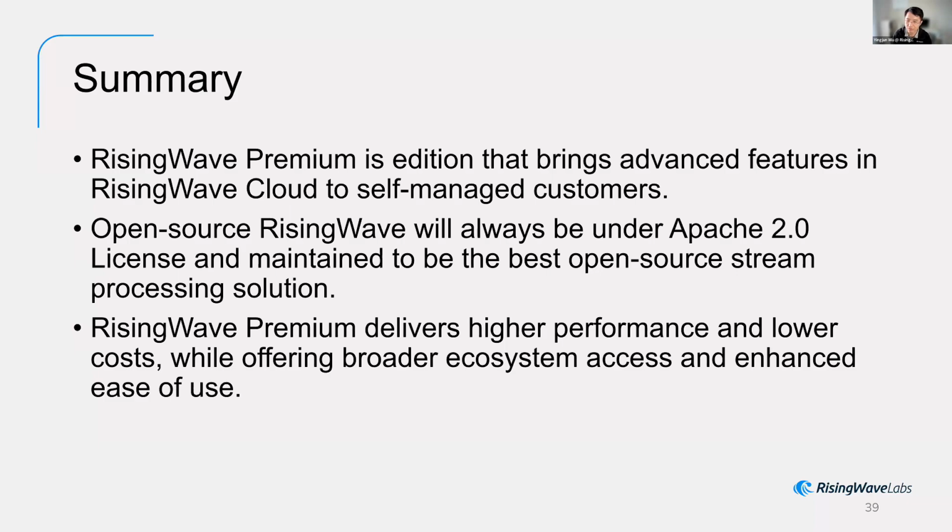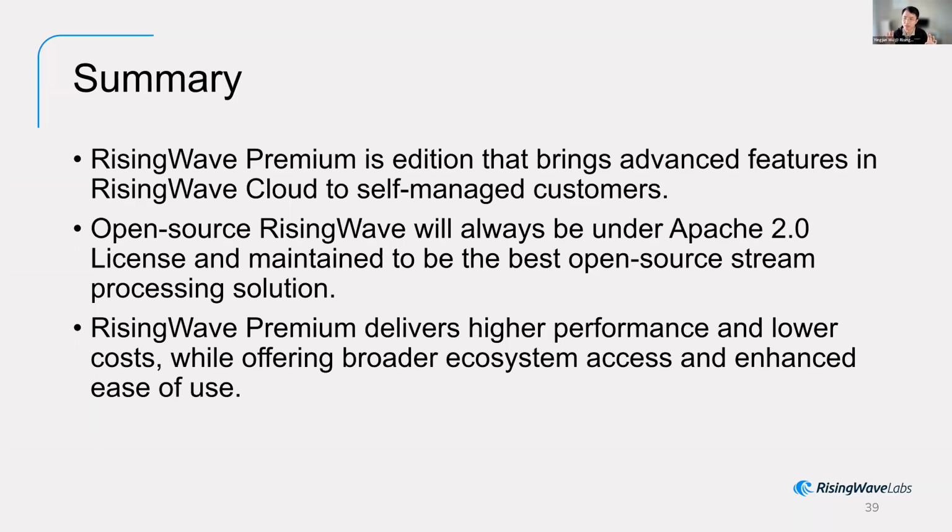And open source RisingWave will always be under the Apache 2.0 license. We are not trying to change the license, and we always try to maintain open source RisingWave as the best open source stream processing solution for you, so that you do not need to worry about how to manage the infrastructure, and you do not need to worry about spending too much money on stream processing.